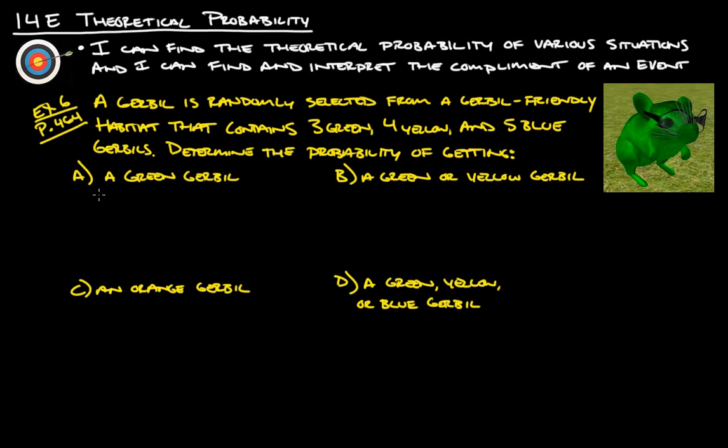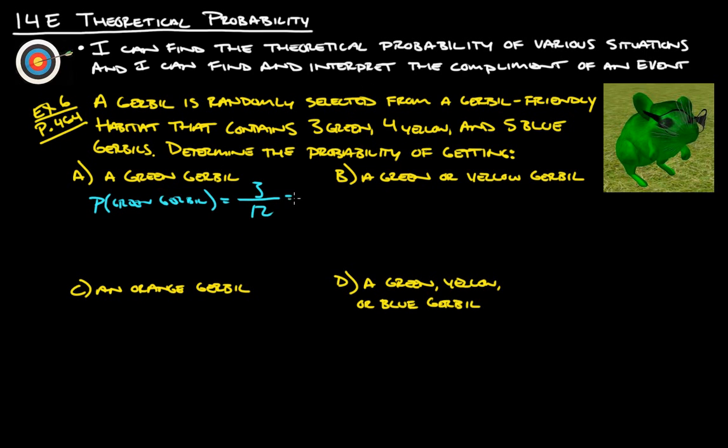So again, if you're going to write this, which they didn't necessarily ask you to do, but we'll do probability of green gerbil. Okay, it's the green gerbils, which would be 3 green gerbils over the total possible gerbils. So there's 3 plus 4 is 7, plus 5 more is 12.